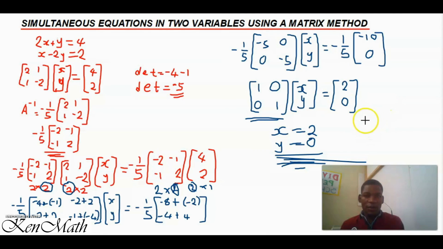If you want to prove more, we can simply replace where there is x, we replace with the answer 2, and where there is y, we replace with 0, and then equals to 4. And then this times that plus that, it gives us 4. So 4 is equivalent to 4.